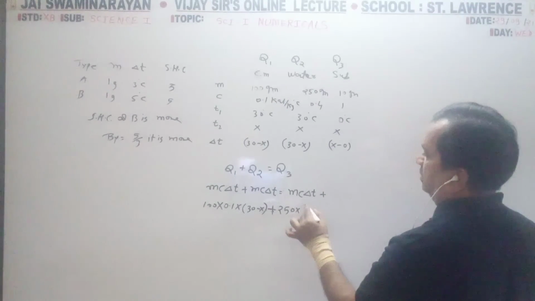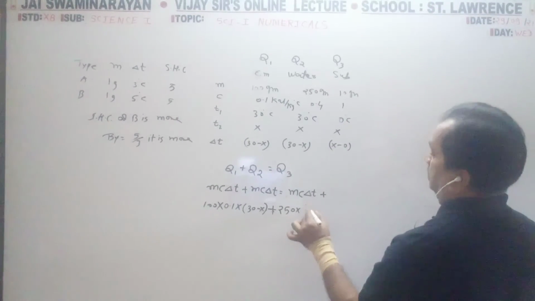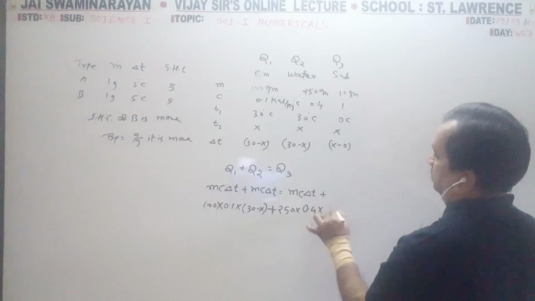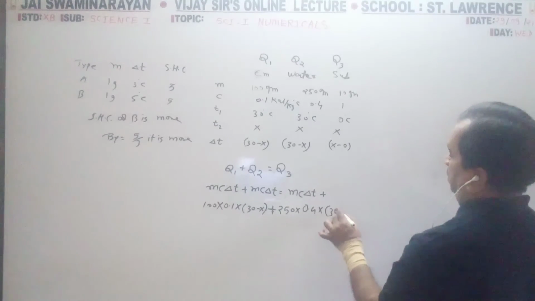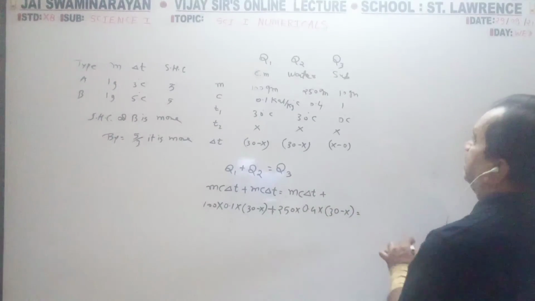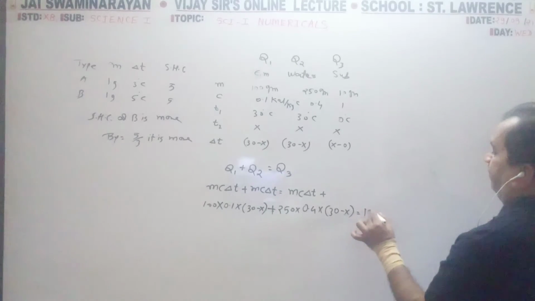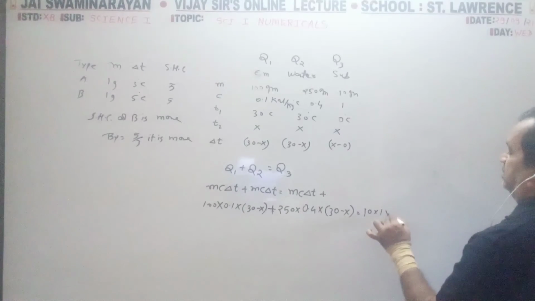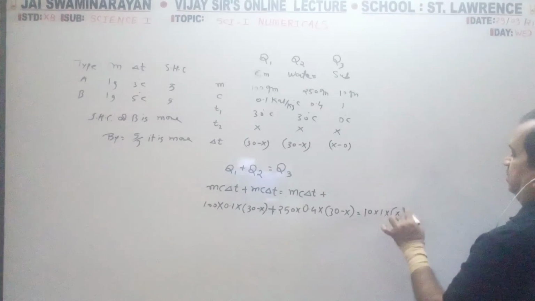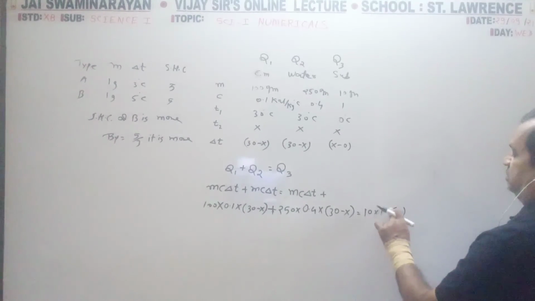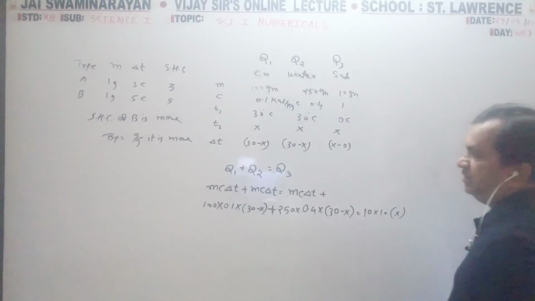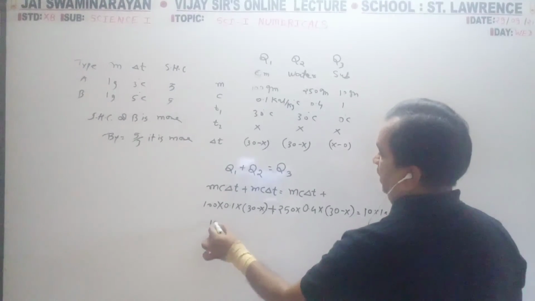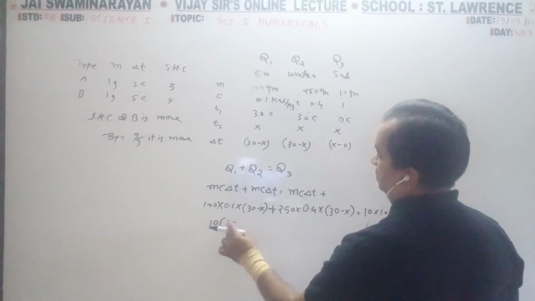Okay, 0.4, 30 minus x, M, C, T, and this is a dot only, meaning product. This into this means 10 times x, 30 minus x.